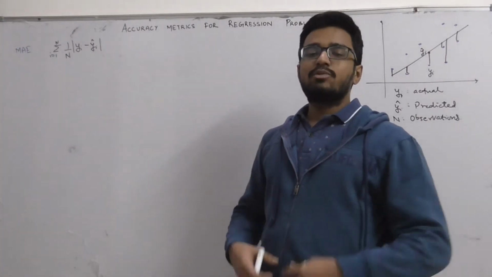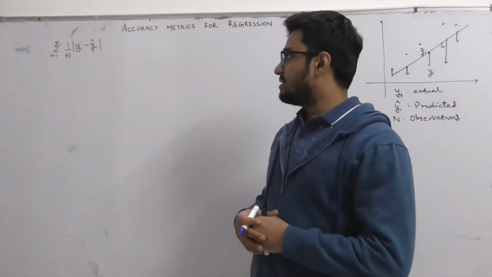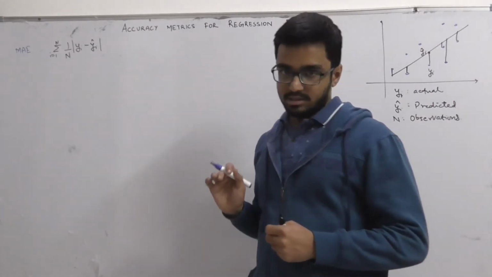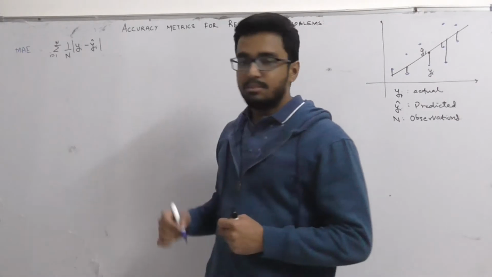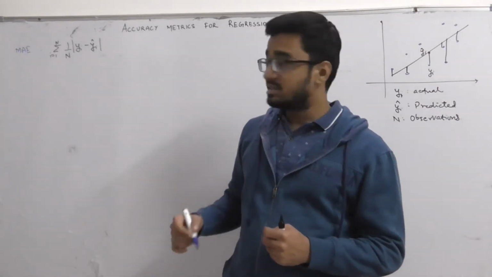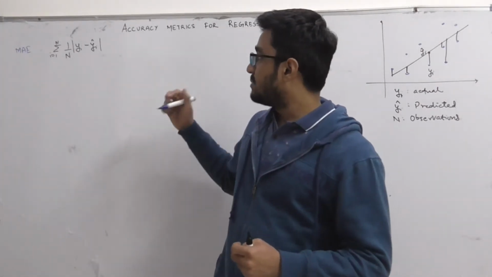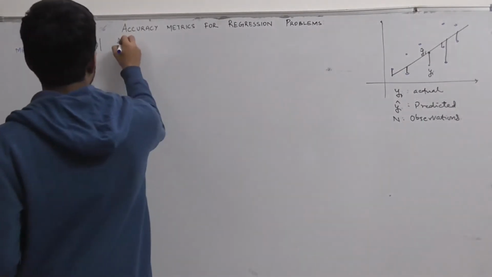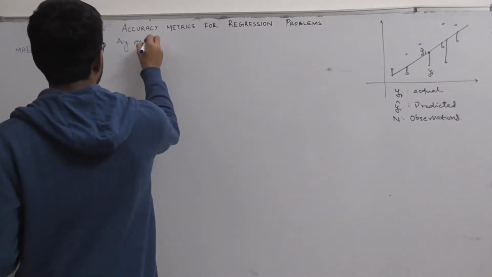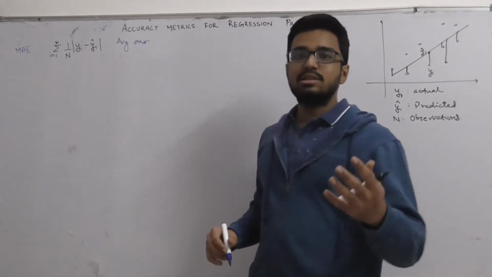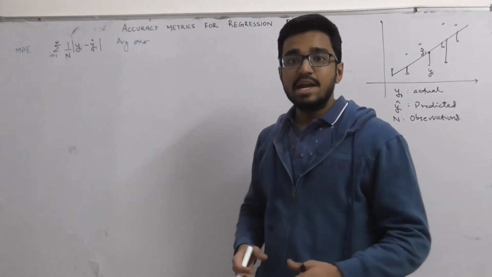So let us try to figure out what the advantages and disadvantages of the mean absolute error are. Okay, so the first advantage I can say is that it represents the average error. Now anything representing an average is very greatly interpretable.